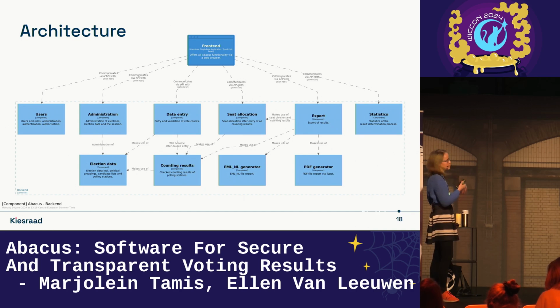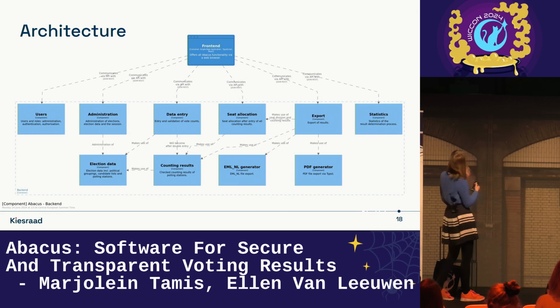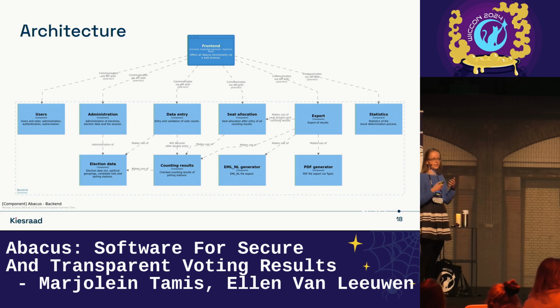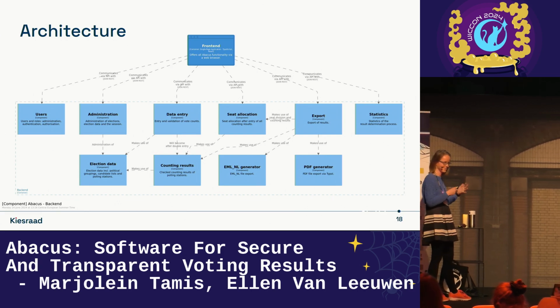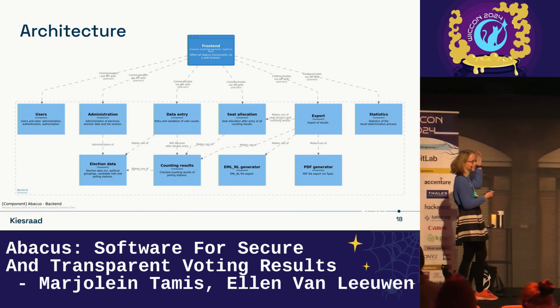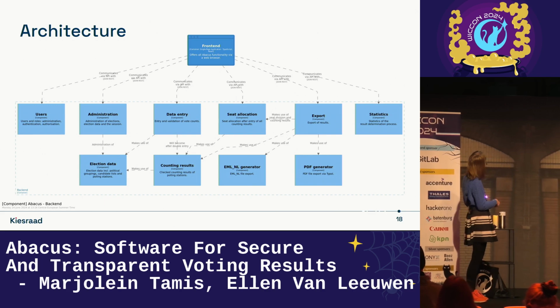Then, of course, we needed the administration component to make the elections, election data, and the session, to administer all that. The election data contains political groupings, candidate lists, and polling stations. Those can all be imported through EML, so we need a nice way of converting that into our database as well.